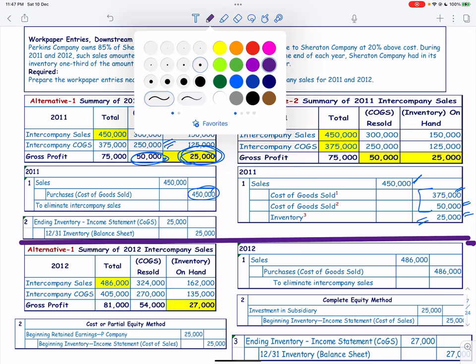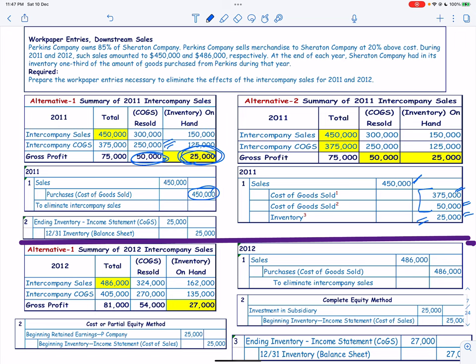So these were the general entries for the year 2011, and all the entries that we have done in 2011 are work paper entries, so they are not shown in the subsidiary books. The subsidiary book still shows the inventory for 150,000.